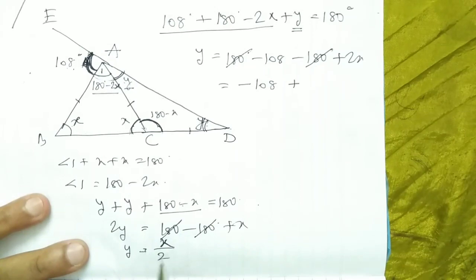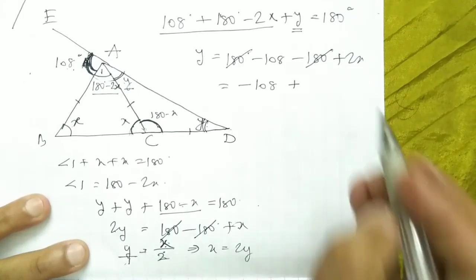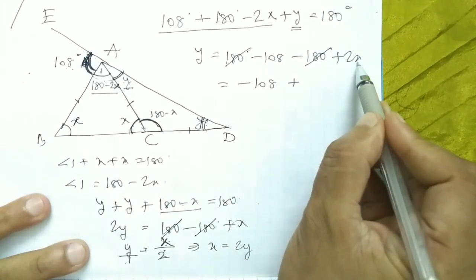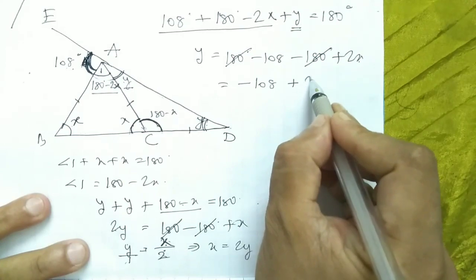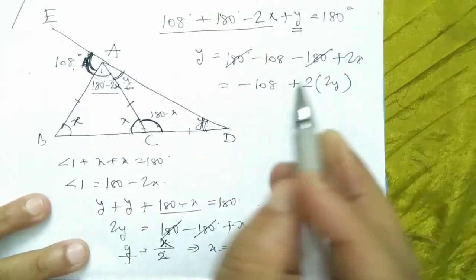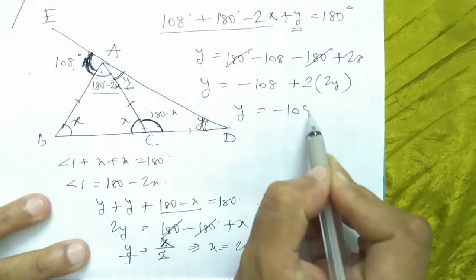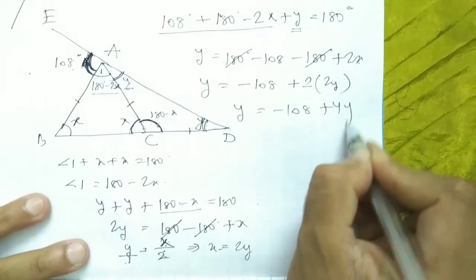From here I can write that x equal to 2y. See here, if I cross multiply it, what am I getting? X equal to 2y. So instead of x, if I put 2x, x means 2y, here y is there, so y equal to minus 108 plus 4y.